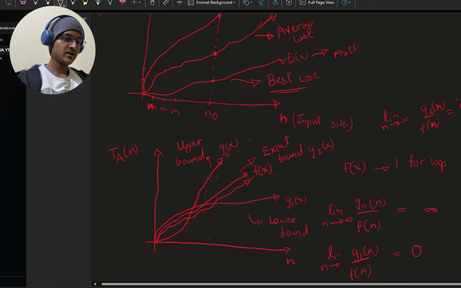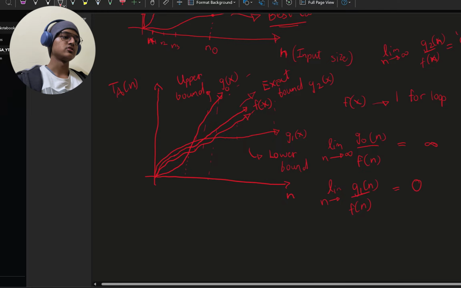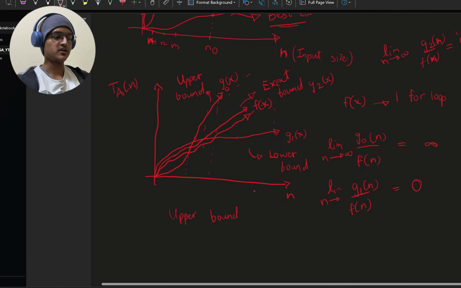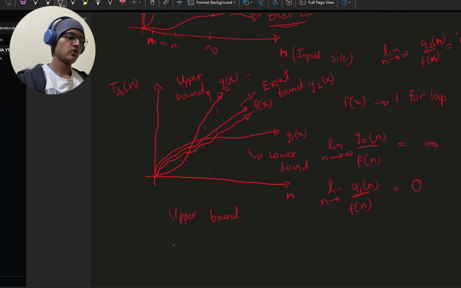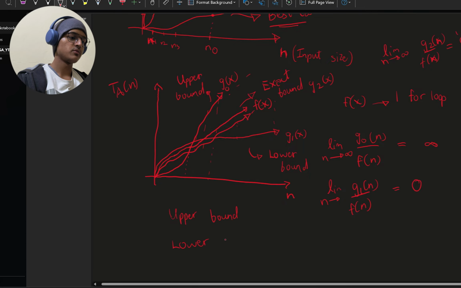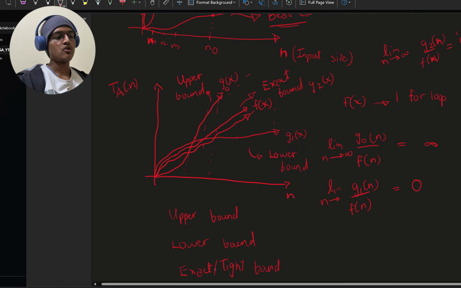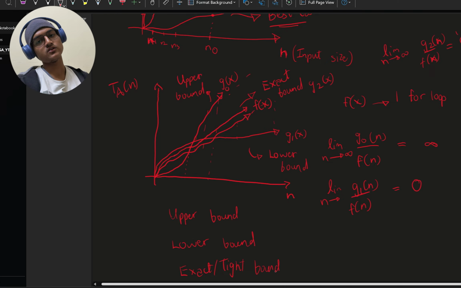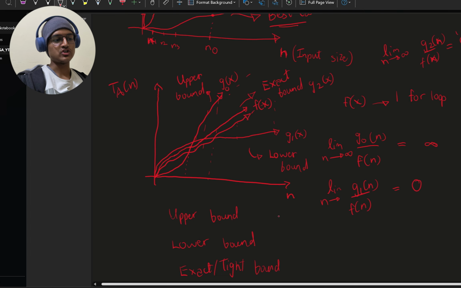So based on my theory and based on my calculation, I can represent a function's upper bound, the function which is always above fx, lower bound, which is always below fx, or exact bound or tight bound, which is a function running equally parallel to fx, by some notations.